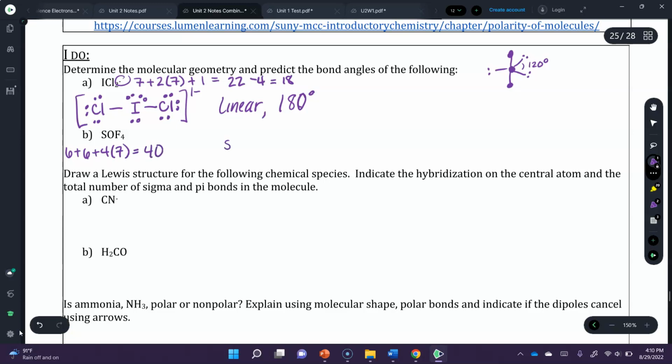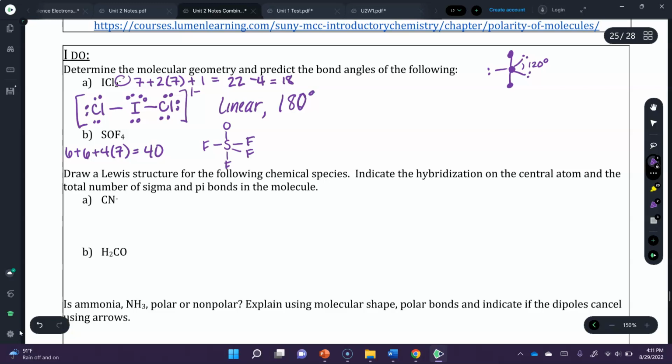So drawing S, and then we have 5 bonded to it, so that tells me it is probably trigonal bipyramidal, but we'll check. So oxygen, fluorine, and it doesn't matter where you put the oxygen, just that it is on there.